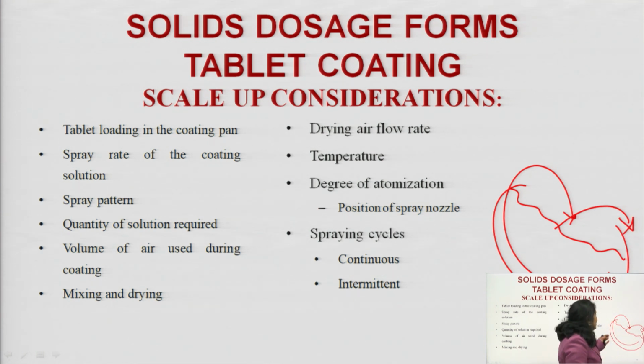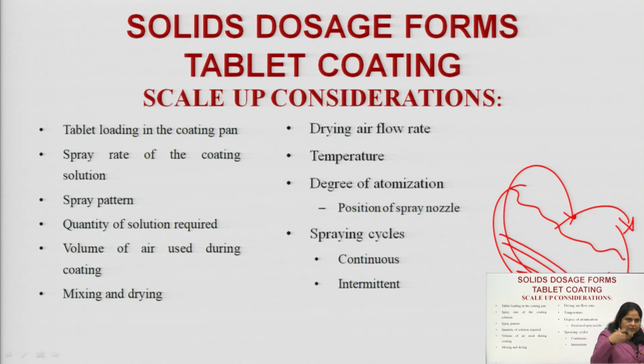Second thing can be that the lower layers of this tablet bed can't receive the spray solutions for coating. So, ultimately we should decide what should be the tablet loading into the coating pan.